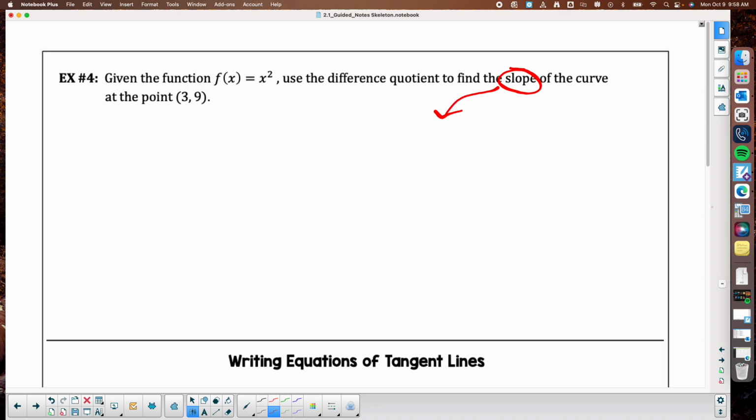Do you guys want me to write the generic formula down first for a little while? Yes. Okay. I was going to immediately start plugging it in, but not x, h.